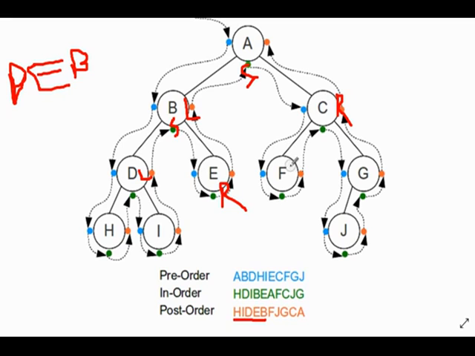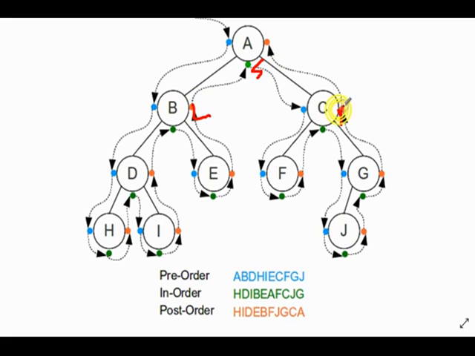So F, then I would go to C. But I have a right. So G. Then again I have a left. Oh, I should label them clearly. Now we are here. Left, self, R. So I visited B. Okay.